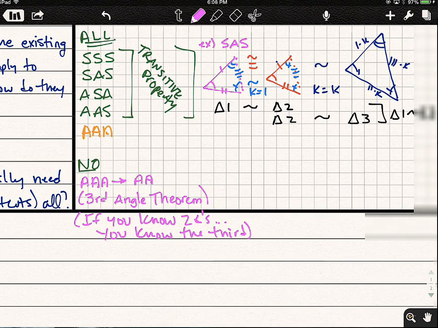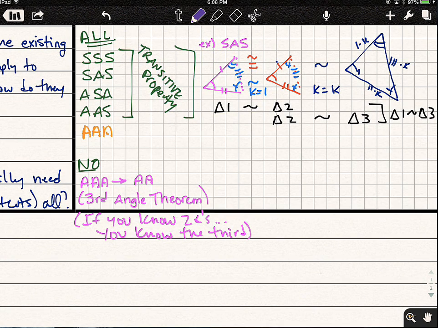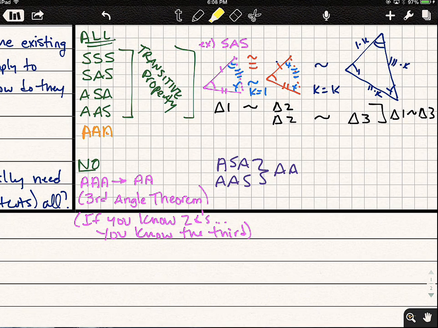So if angle, angle, angle can be cut down to angle, angle, that means that angle, side, angle and angle, angle, side can also be cut down to just angle, angle. For the same reasons, namely because you already know two of the angles.